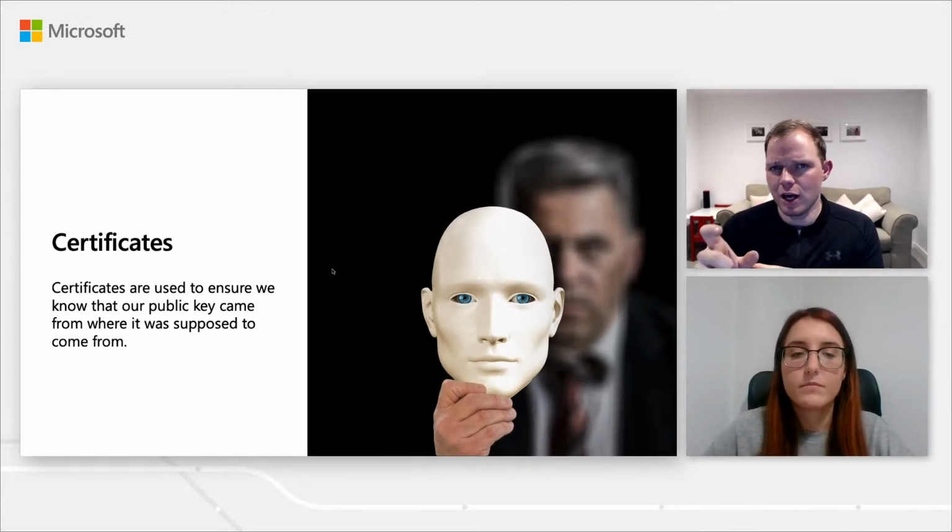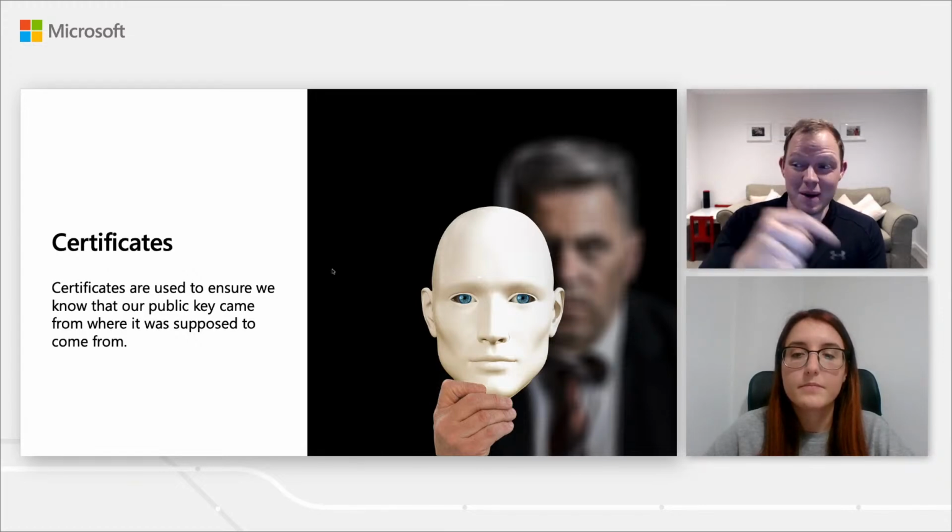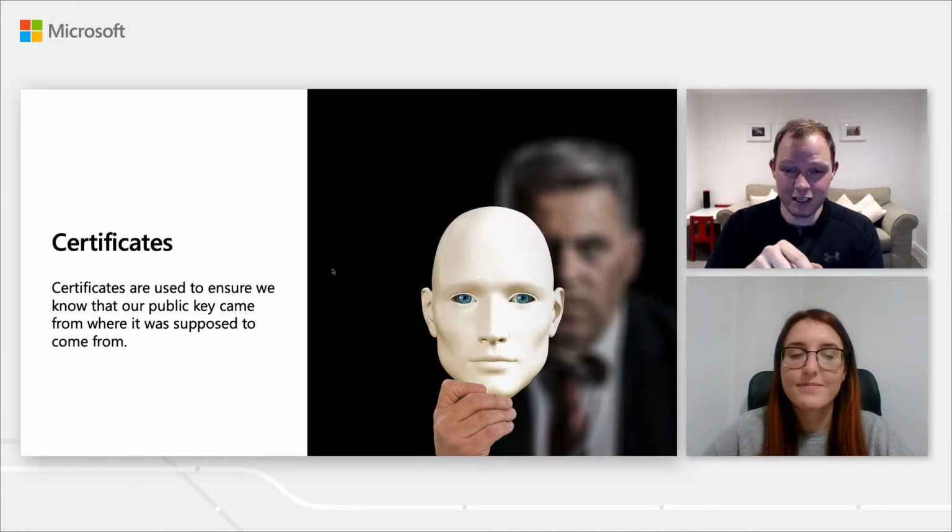So I said earlier that only the private key that's linked to the public key can decrypt it. And this comes into the man in the middle attacks that we spoke about. You asked earlier, Christina, about man in the middle attacks. Someone sends me a public key who I think is Christina.